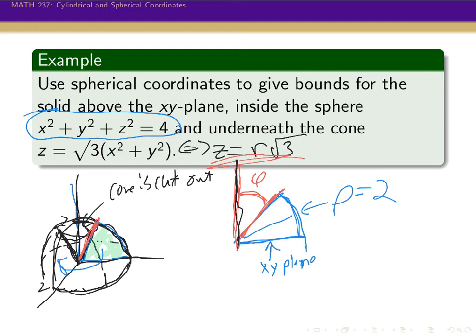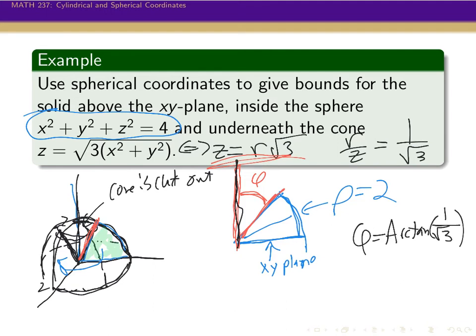So remember, phi is arctan of r over z. And so if I want to get r over z, this is going to be 1 over square root of 3. And so phi is the arctan of 1 over square root of 3.